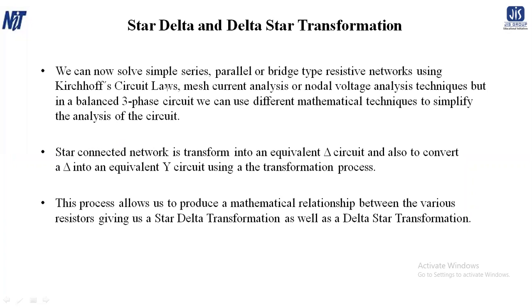A star connected network is transformed into an equivalent delta circuit, and also a delta into an equivalent star circuit, using the transformation process. This process allows us to produce a mathematical relationship between the various resistors, giving us a star delta transformation as well as the delta star transformation.